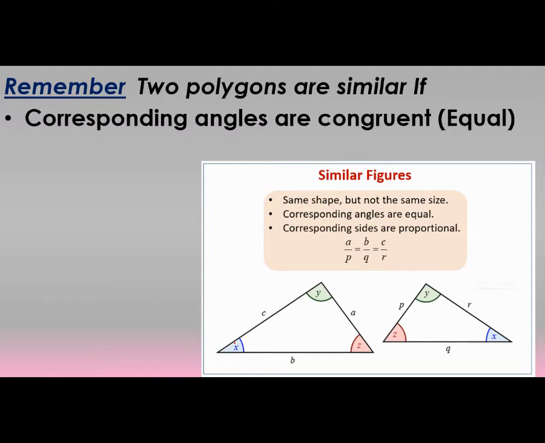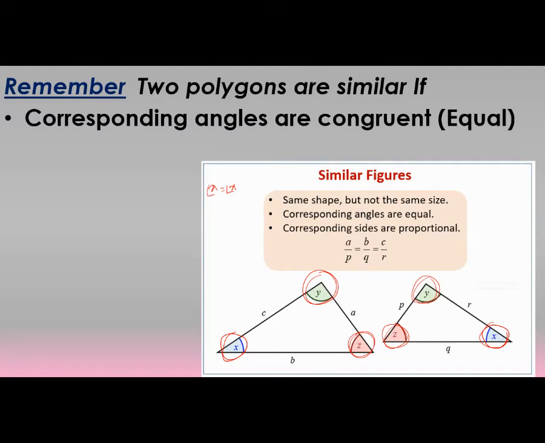Okay, so I see that angle X is the same as angle X here, which means these two angles are equal. So angle X and X degrees, these two are equal. And next angle Y, they are equal. Angle Z and angle Z are equal. So here the corresponding angles are congruent.